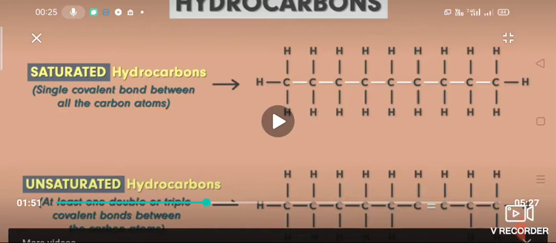When you see this saturated hydrocarbon, it can form a straight line structure. Unsaturated is a compound which contains a double bond or triple bond between the carbon atoms.